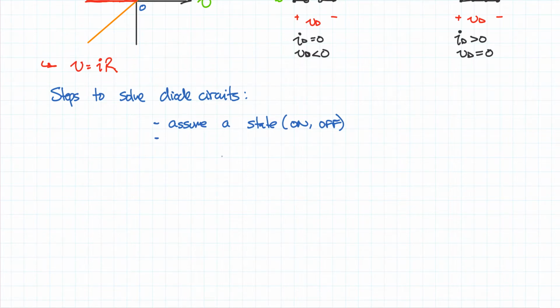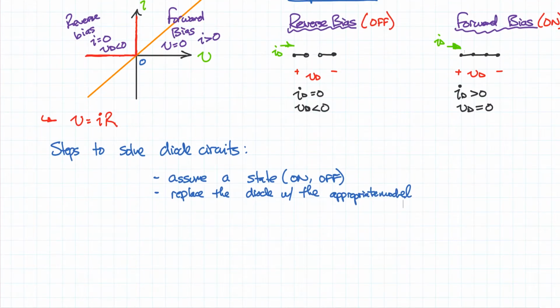So we assume a state. We replace the diode with the appropriate model. So if we assumed on, then we would say that it's the short circuit. If we would assume off, we would assume it's the open circuit, and so on.